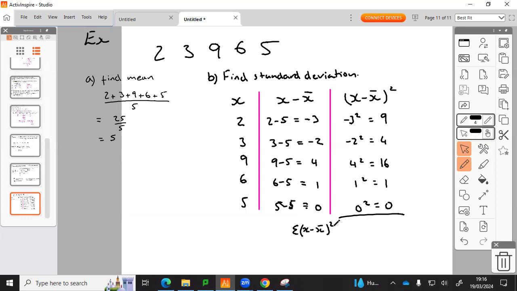Now that's taken from the formula. And then you're just adding these numbers up. So 9 plus 4 is 13, plus 16 is 29, plus 1 is 30. That goes into your formula.